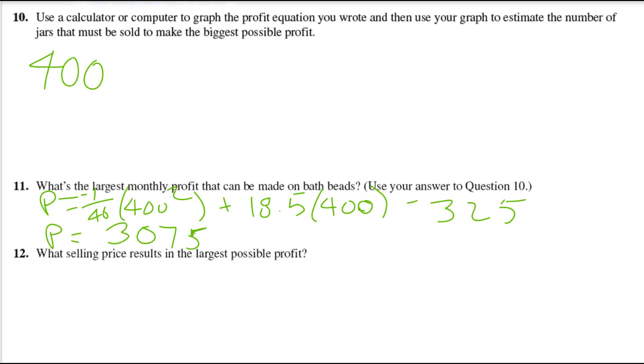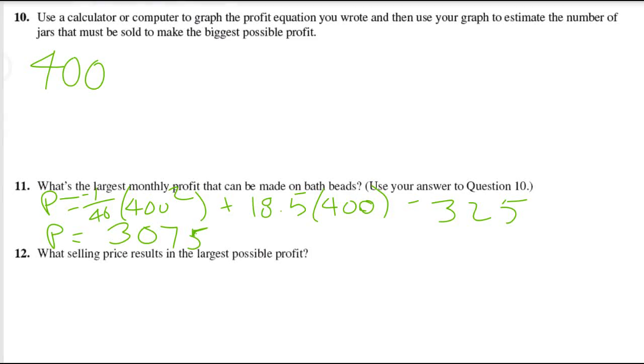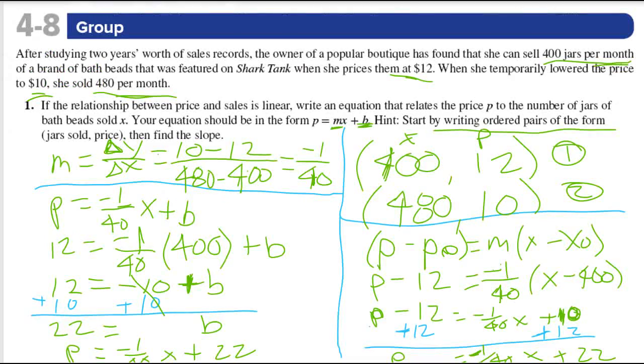Okay, so selling price. So we had an equation where, I got to go back and look it up. Actually, if we started off with our price equals negative 1 over 40 times the number of jars plus 22, which is actually where a lot of the numbers that we've seen come in.